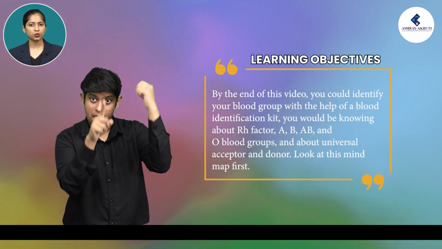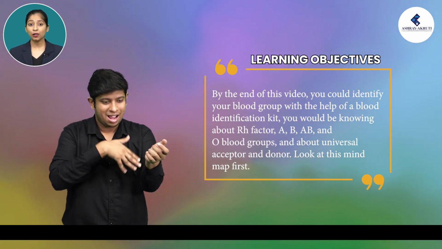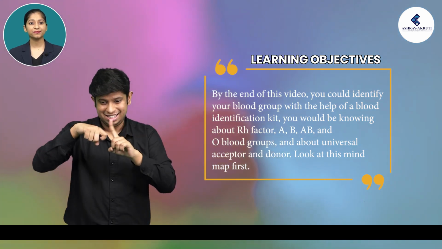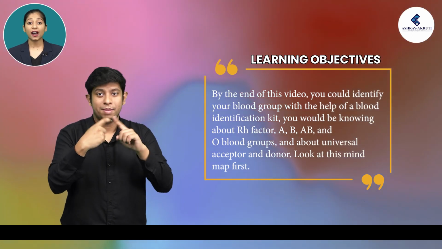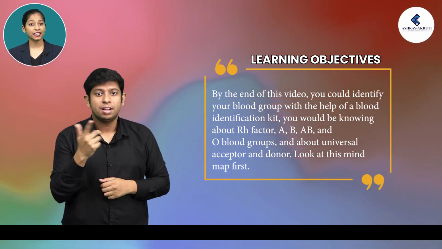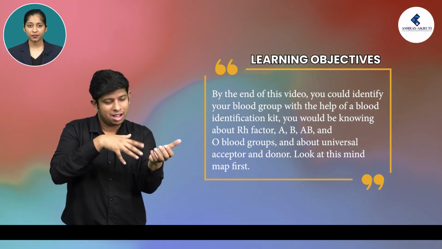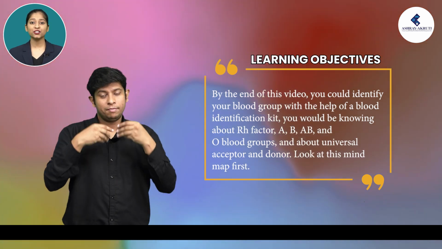By the end of this video, you could identify your blood group with the help of a blood identification kit. You would be knowing about Rh factor, A, B, AB, O blood groups, and also about universal acceptor and donor.